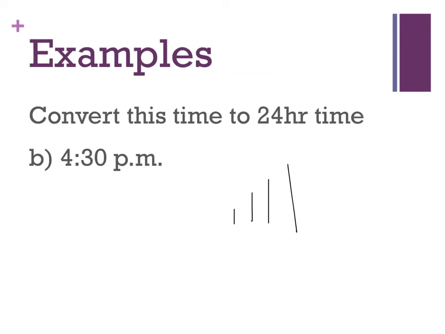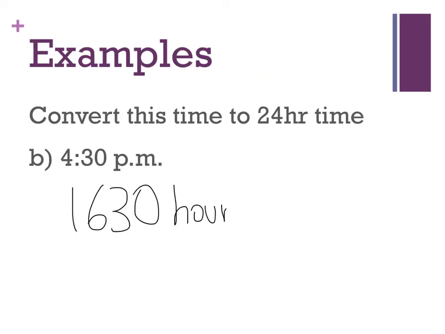My number at the start of this 24-hour time is going to be 16, and it's 30 minutes, so it's going to be 16:30 hours. That's how I convert it. Midday is 12 o'clock because it's 12 hours after midnight. I count 4.5 hours and I add that to 12.